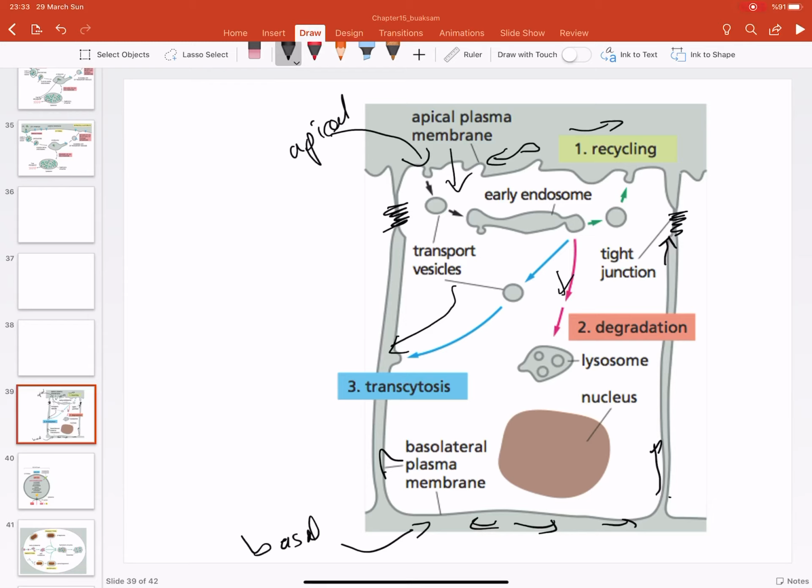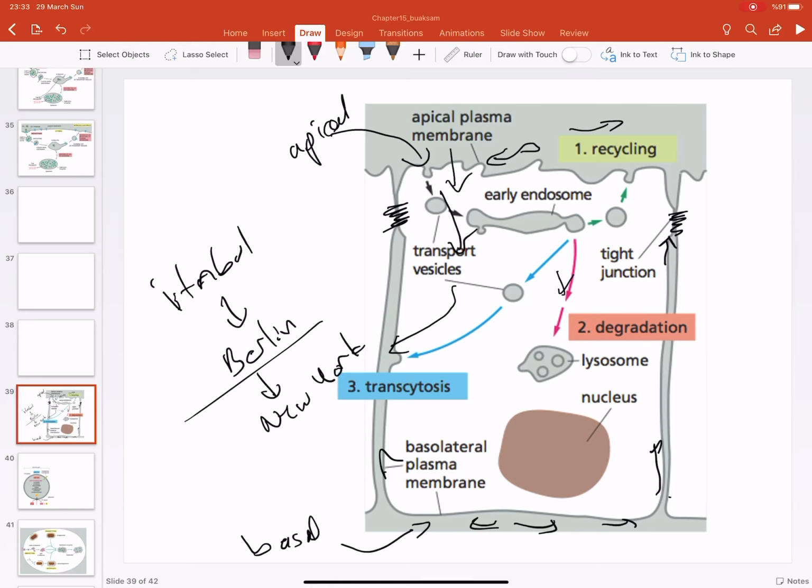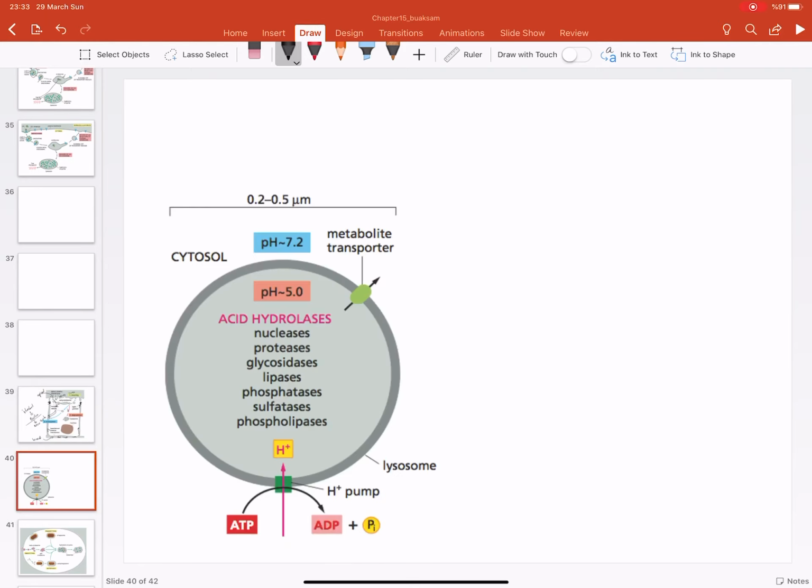Like if you're going to go to the US, for example, but you cannot find a direct flight, you can go from Istanbul to Berlin, and from Berlin to New York. In this case, the function of Berlin is nothing but a temporary transportation stop. In this case too, after the vesicle is endocytosed, it's just a temporary stop. It will directly go to the basal membrane, because it is required at the basal site.